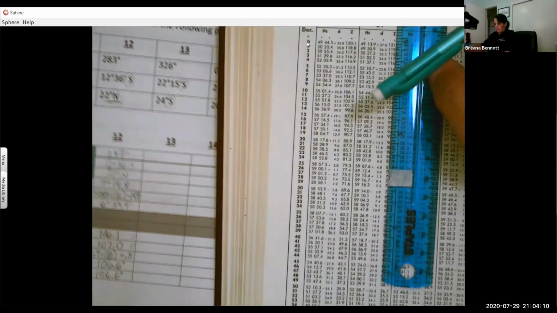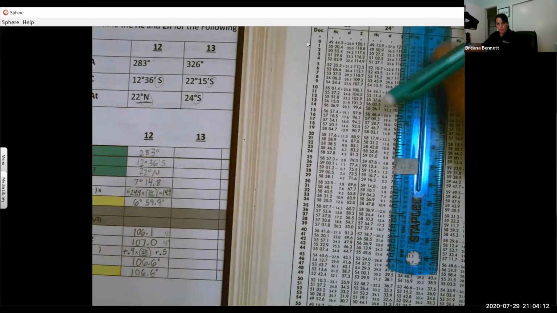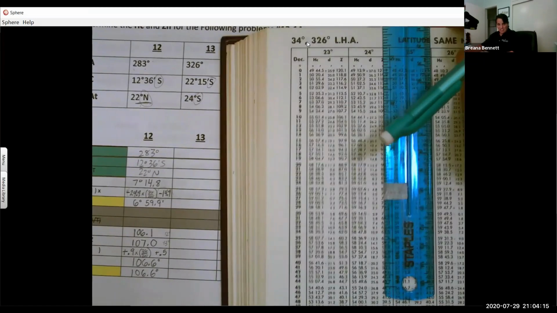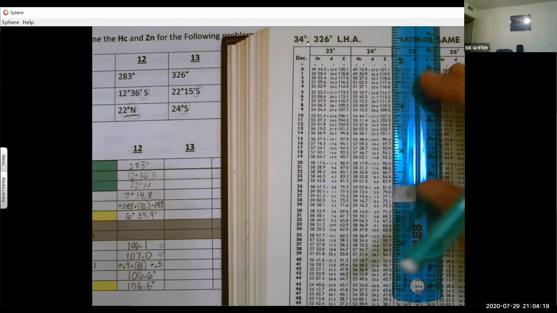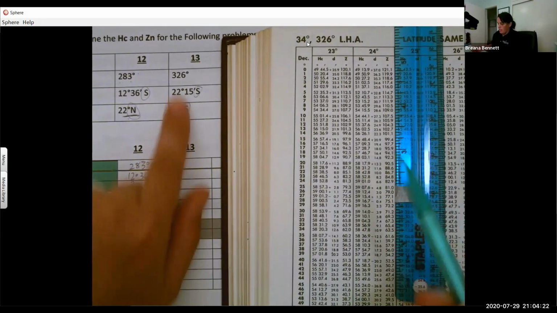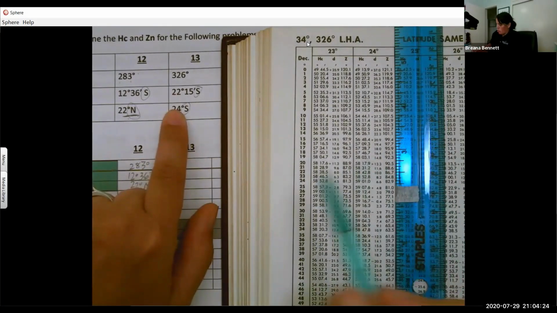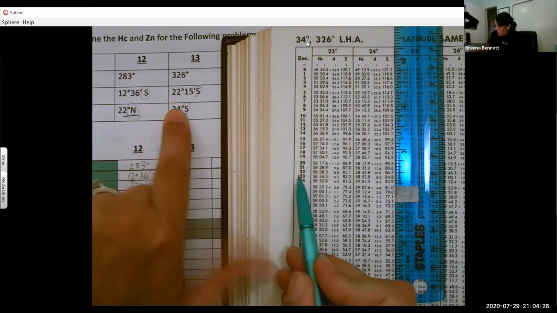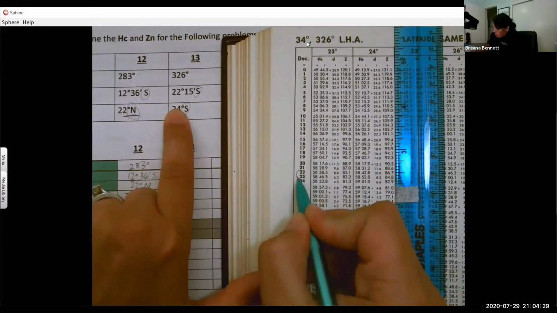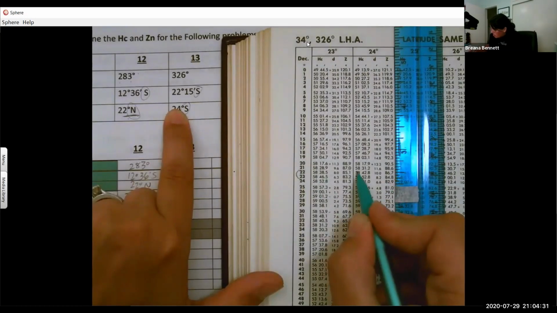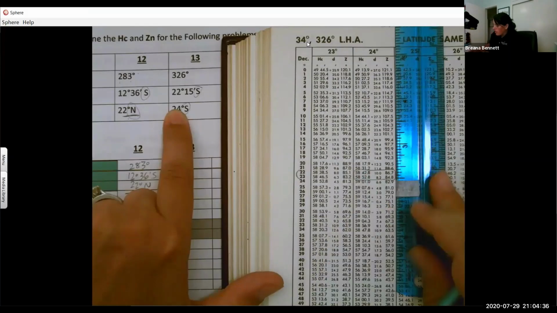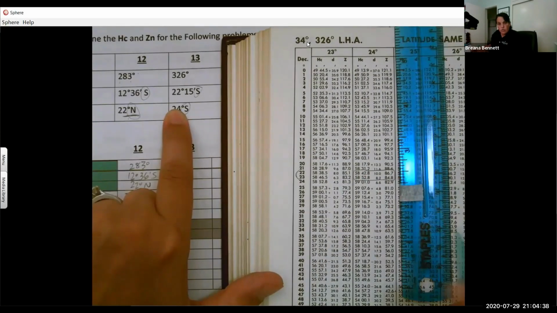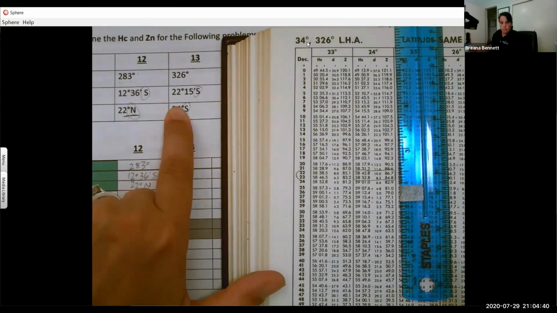Let's see if we can get this all on the same frame. Okay. So my declination is 22:15. So I'm going to be in between here. My 22 degrees, 15 minutes south.